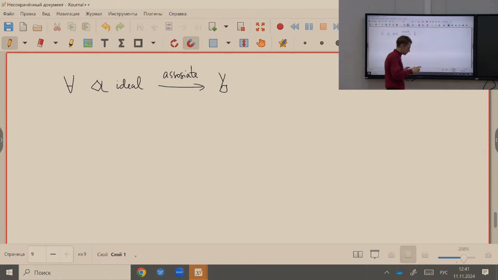So we introduce the group of classes. We work with fractional ideals because we want to have inverses.